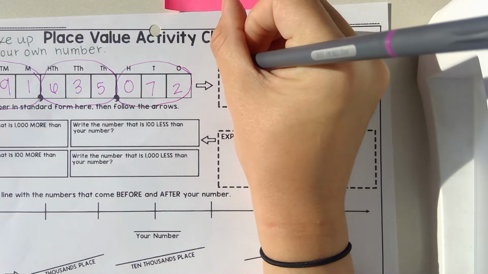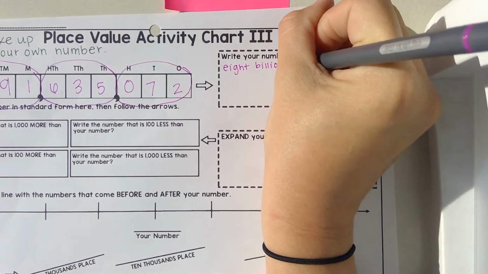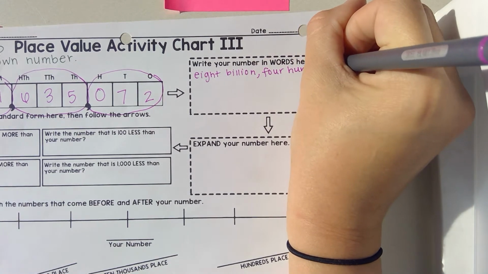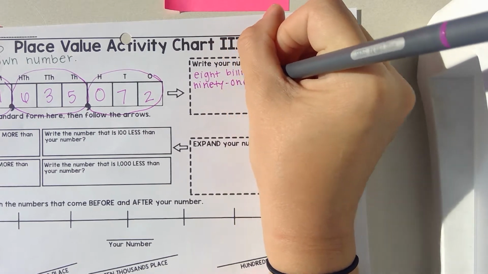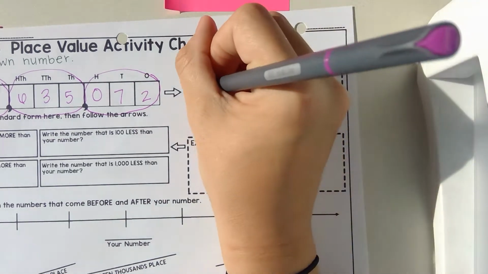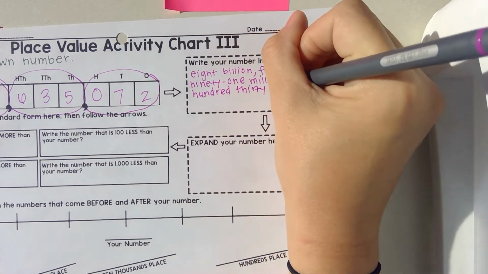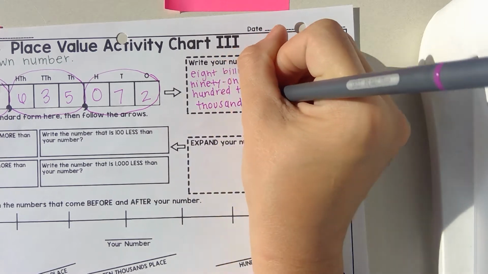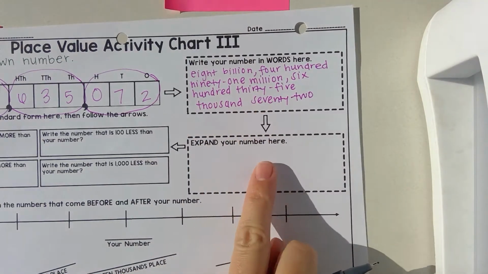So it would be 8 billion, comma, 491,000,000, comma, 635,072. Very good.